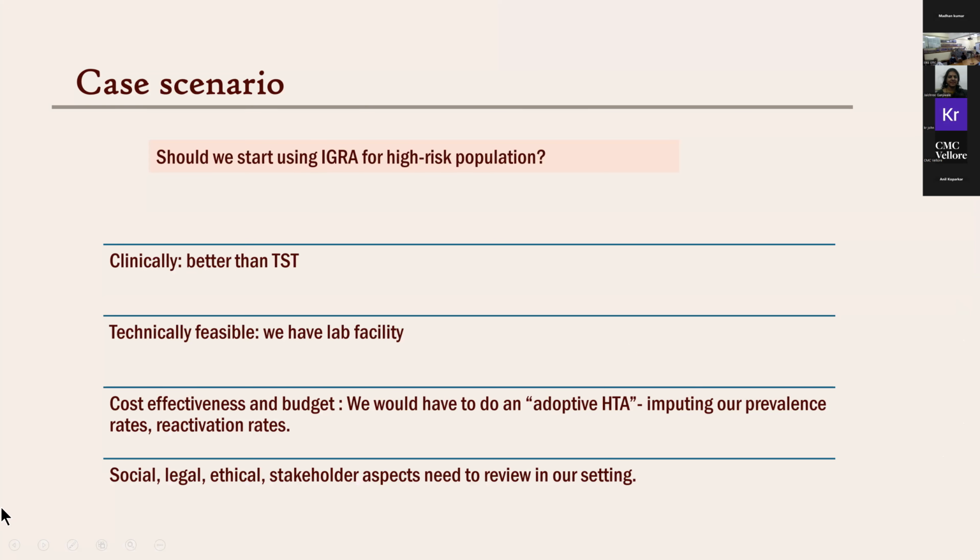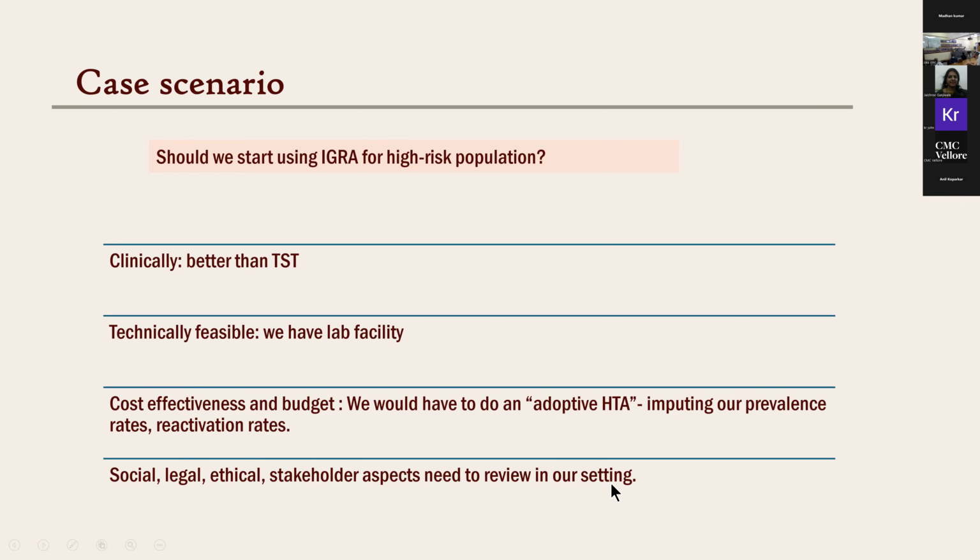So coming back to our case scenario, should we start using IGRA for high-risk populations? So clinically, IGRA is shown to have better sensitivity and specificity, and they have done an analysis, they've pooled all the reviews. So we can take that. Technical feasibility, yes, we do. CMC does have IGRA. We are able to do it. Cost effectiveness and budget, we cannot extrapolate their data.